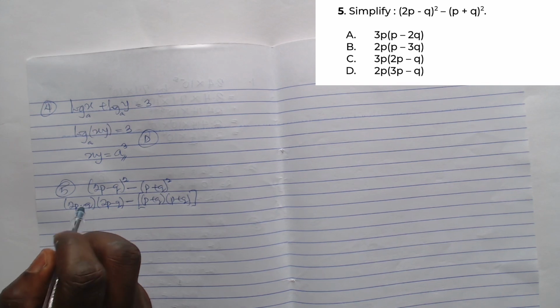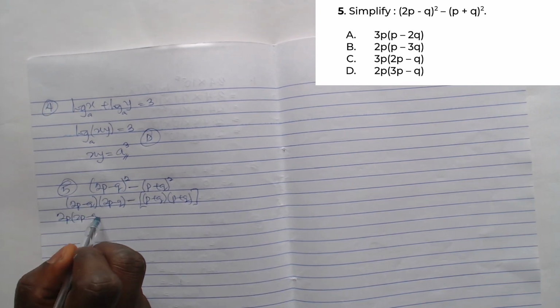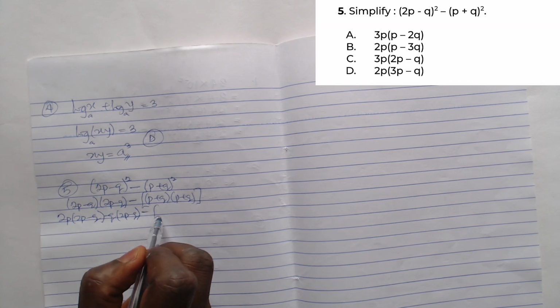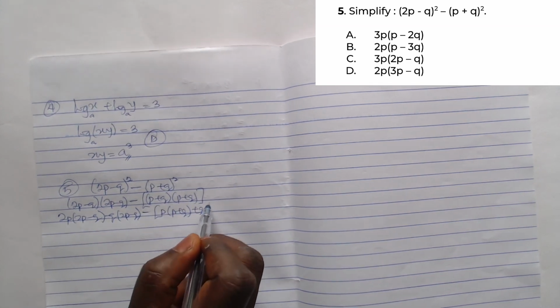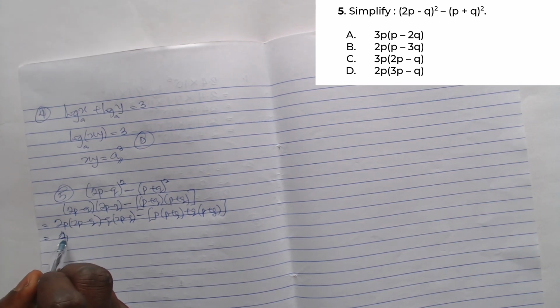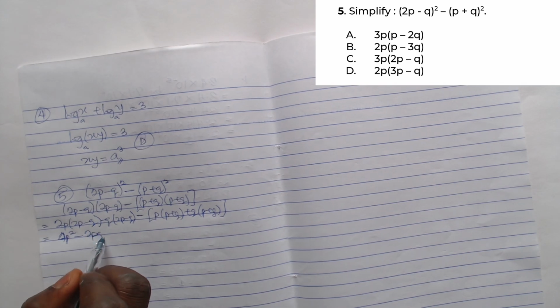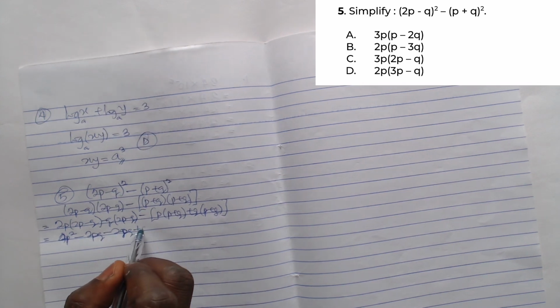Let us expand this. We are going to have 2p into 2p minus q, 2p minus q, and then minus the larger bracket, and we have p into p plus q, p plus q. So let's start the multiplication. 2p times 2p will give us 4p square, minus 2p times q is 2pq, minus 2pq, minus q times minus q will give us plus q square.